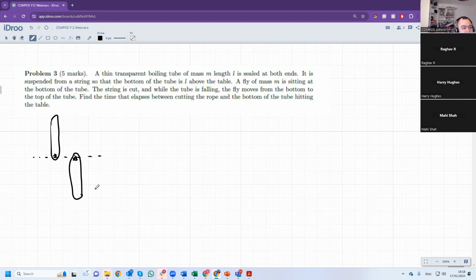Yeah, the fly's mass is m, which is the same as the mass of the boiling tube. Mass m and mass m. So you're given the mass. Just to be clear, if we say mass m, you assume that you know m. So you can give your answer in terms of m.